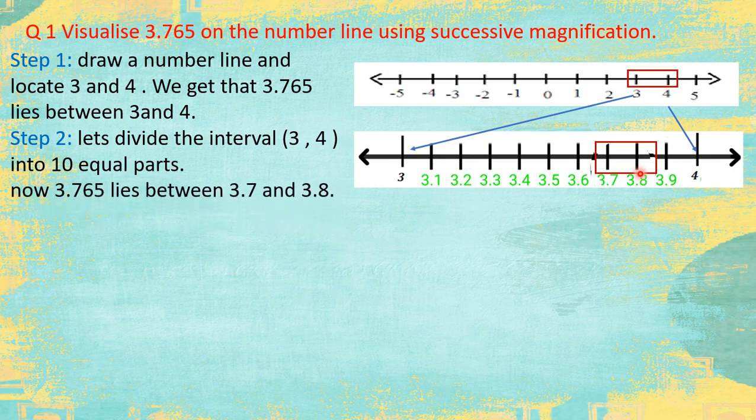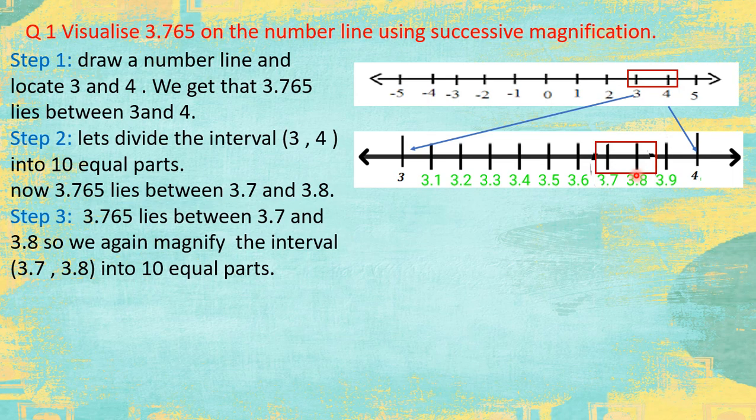Again, we will divide this interval, that means 3.7 and 3.8. Again we draw the 10 equal parts between these two on the number line.